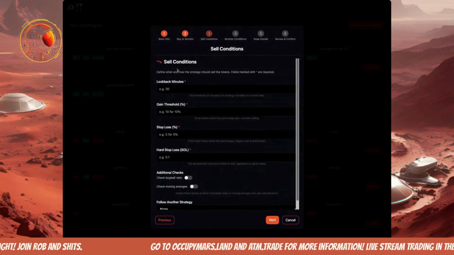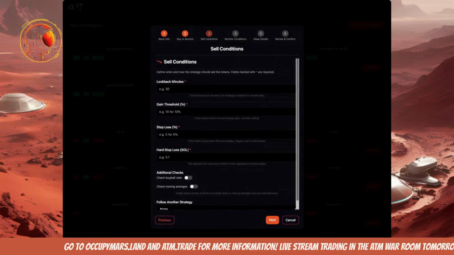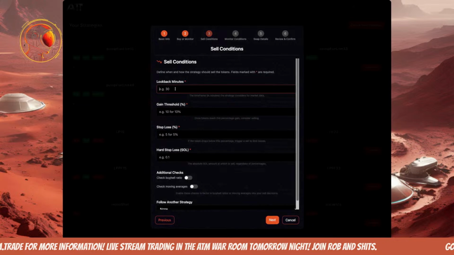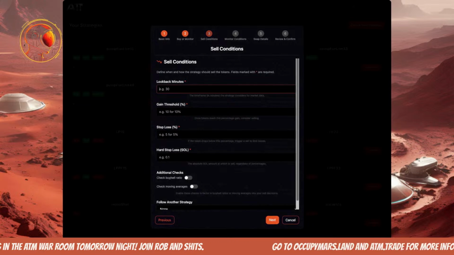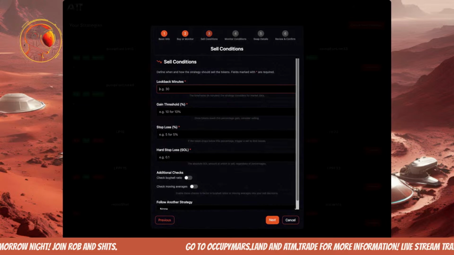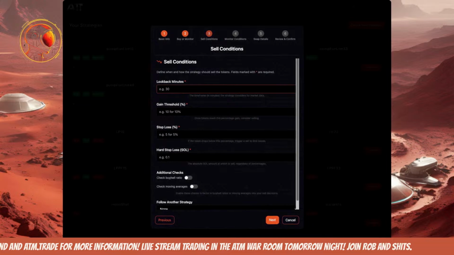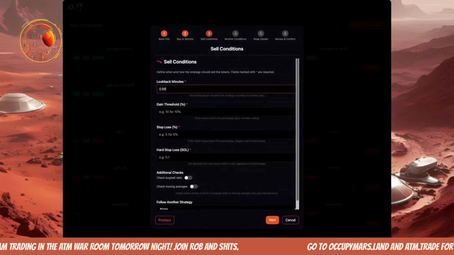So now let's say we bought it. What are we going to do? What are our triggers going to be that's going to trigger the ATM to sell it? Well, in a sell scenario, I like to look at very, very near transactions, because that's what the system does. It looks at all the transactions that just came in to make decisions on a lot of these triggers. So for sales, I like to go with half a minute.